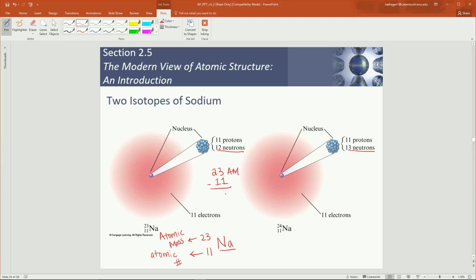So 23 minus 11 equals 12. That's how many neutrons it has. On the right, same thing: 24 is the atomic mass minus the number of protons gives us 13, and that's how many neutrons we have. Number of protons always equals number of electrons.